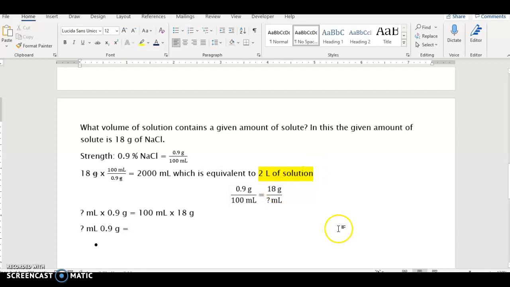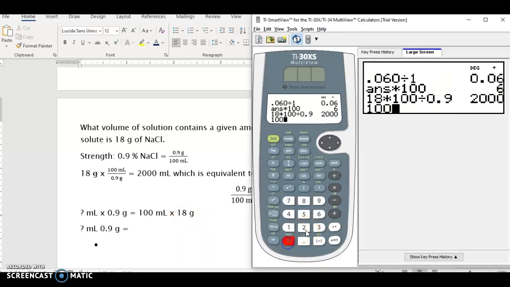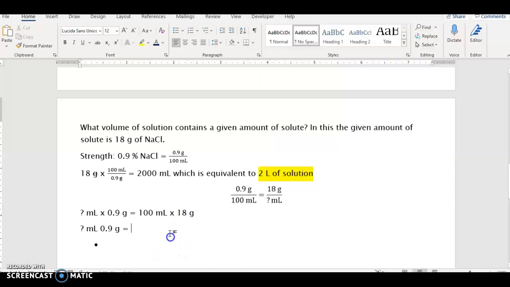When we do 100 times 18, it should be pretty obvious that that's 1800. Just take 18 and tack on a couple of zeros. So we get 1800 milliliters times grams. You don't need to worry about the units too much. To solve for the unknown amount of solution in milliliters, we're going to divide both sides by 0.9 grams.